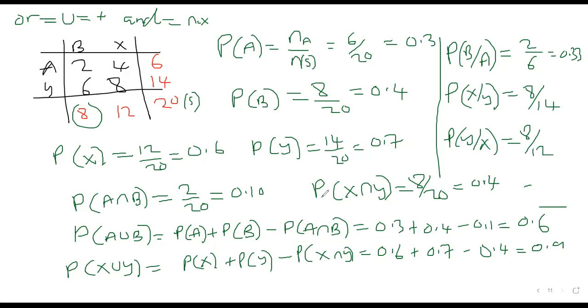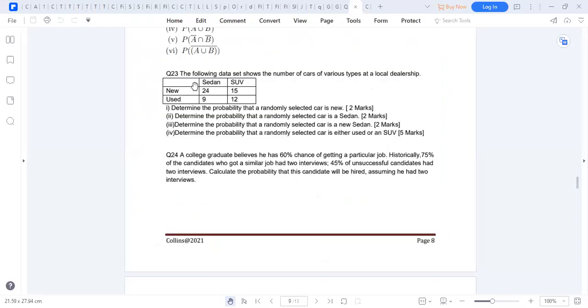So let's look at an example question. The following shows the number of cars of various types at a local dealership. So we're given new, used, SUV, and sedan. What's the first thing to do whenever you're given a question like this?